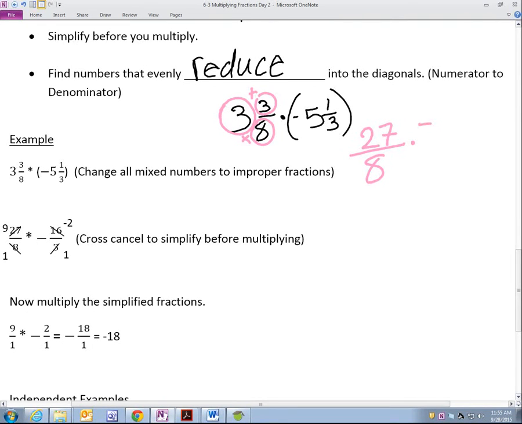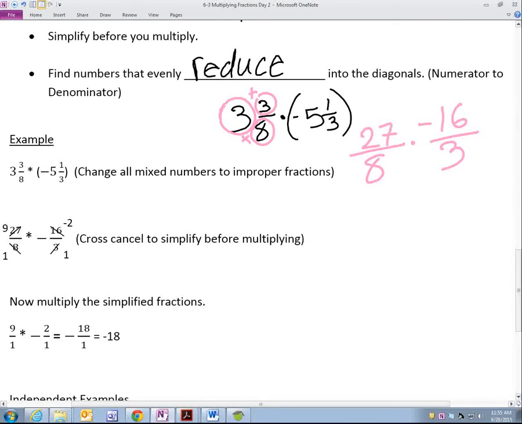Multiplied by 5 times 3 is 15, plus 1 is 16. -16 over 3. Now, I put that negative symbol on my numerator. I recommend putting the negative symbol on your numerator because if it's out front, like it is in the question, you might forget about it.